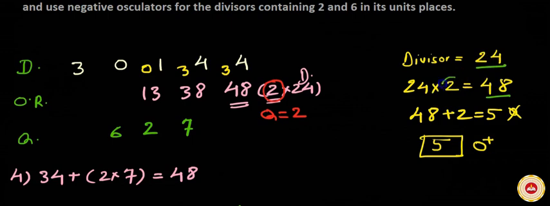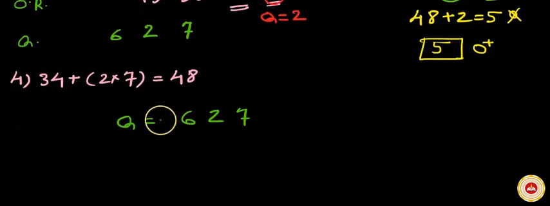Okay, multiple is 2. And we got 48. What was the purpose? Because we wanted to calculate positive osculator, and to calculate positive osculator we needed 8 in the units place. So we converted original divisor 24 into 48, and while converting that we multiplied original divisor by 2. Multiple was 2, so obviously you have to multiply this quotient by 2.